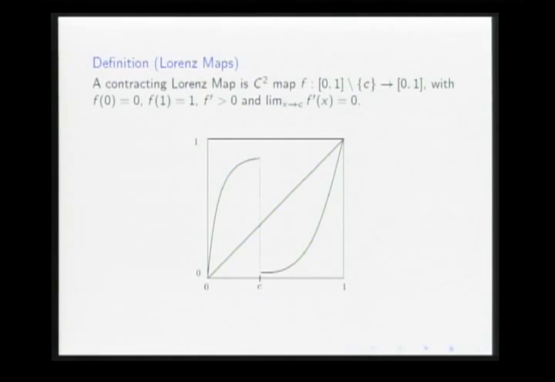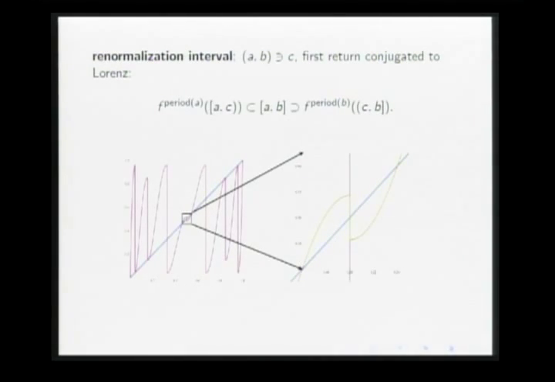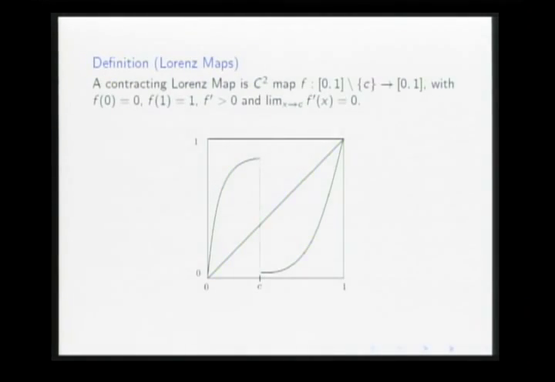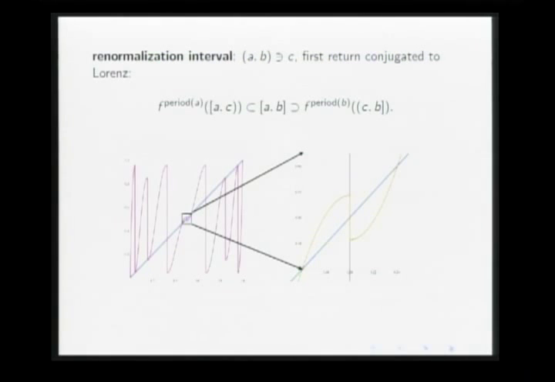And so now we'll begin to work with this kind of object, and firstly, we define the renormalization intervals for Lorenz maps as being intervals that you can take and observe the first return, and it's conjugated to a Lorenz map.